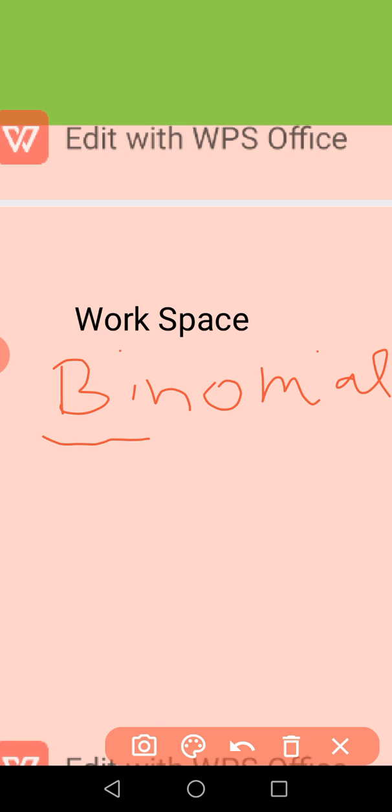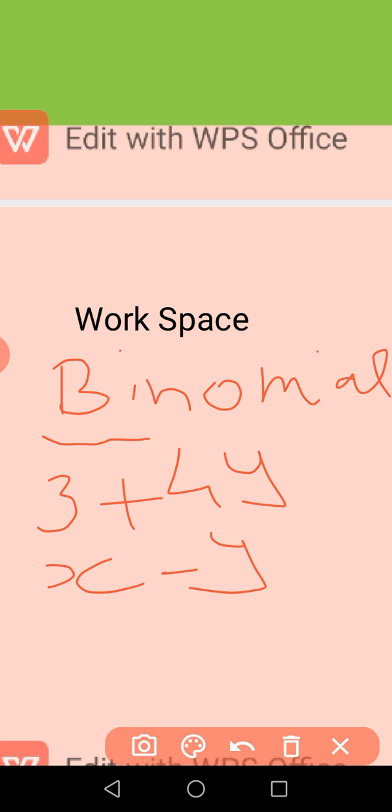Simply saying, for understanding the concept clearly, we can say that two terms separated with a plus sign or minus sign. Example, 3 plus 4y is a binomial. Next, x minus y is another binomial, but that I will explain afterwards. Now just you understand this much only.